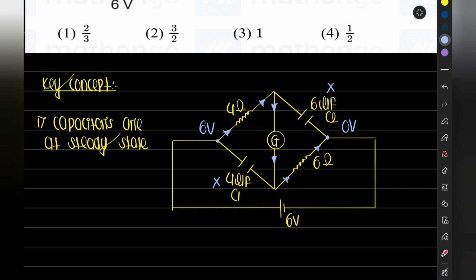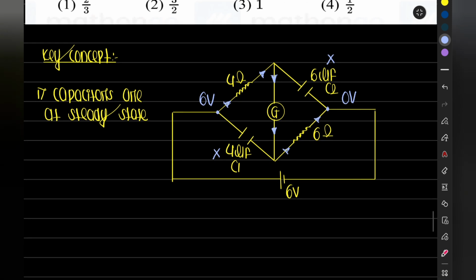Now in order to find the charges stored in the capacitors, I will need one more key concept, and that key concept is Q equals C into delta V. Delta V is the potential difference across the capacitor.